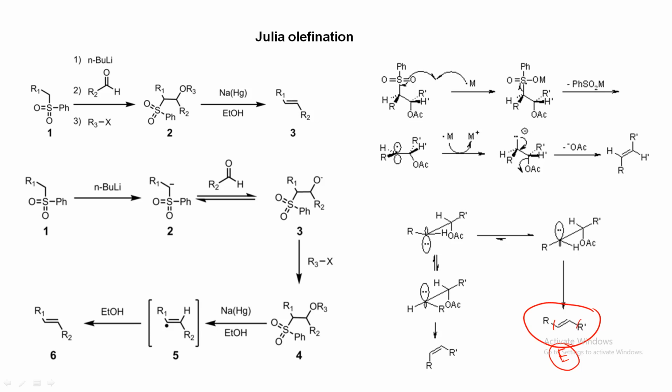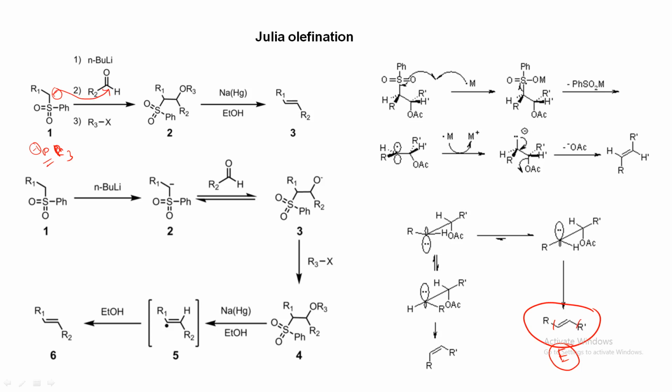In the Wittig reaction, we are using halides based on phosphorus, right? PPh3 or PR3. But in this Julia olefination reaction, the halides are sulfone based. You can see the SO2, the sulfone based molecules. With butyl lithium, at first the alpha hydrogen is abstracted, and this type of species is generated, and then this attack occurs.